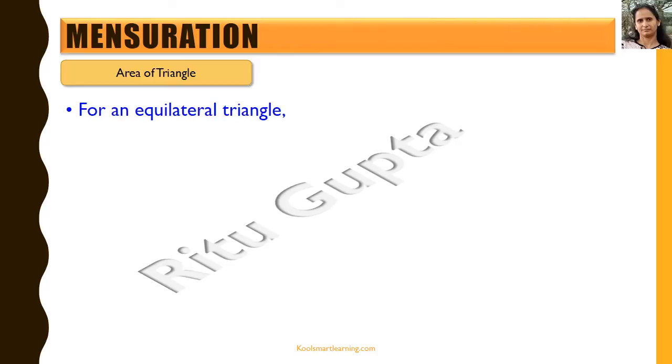So now let's talk about some more formulas related to the area of triangle. Let's first take an equilateral triangle with a side A. So now first thing to note here is that the formulas for area of a triangle that we're talking now, they are in addition to the basic formula that we've studied in earlier classes, which is half into base into height.